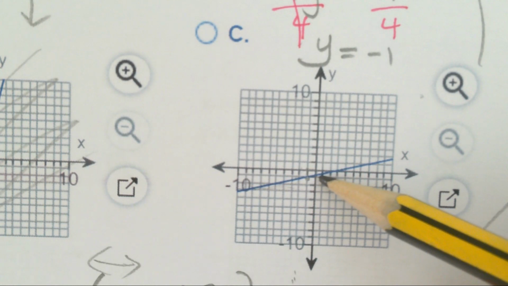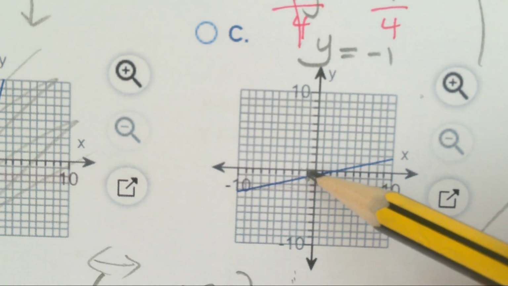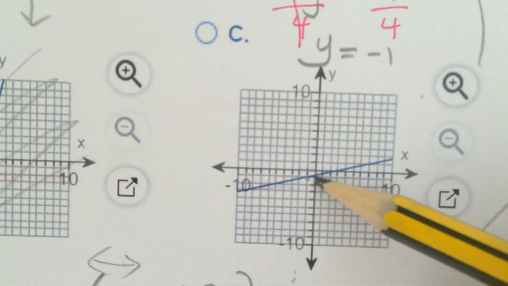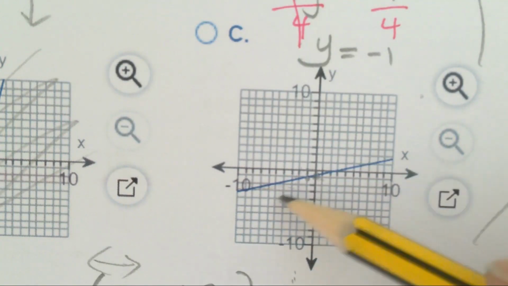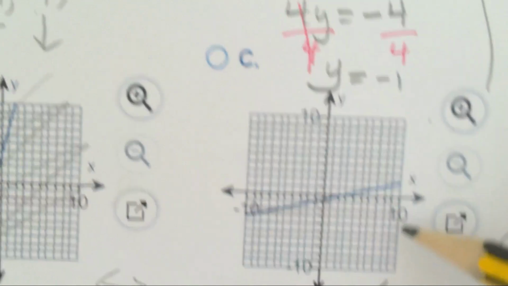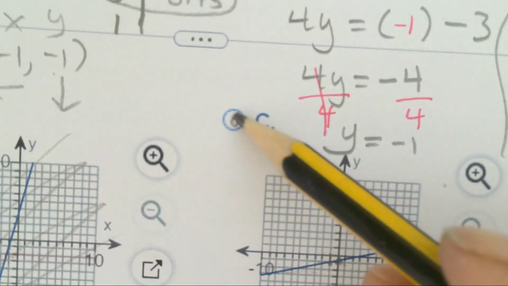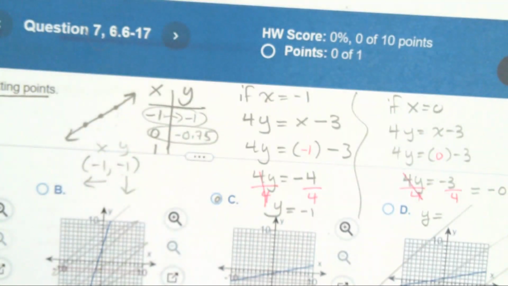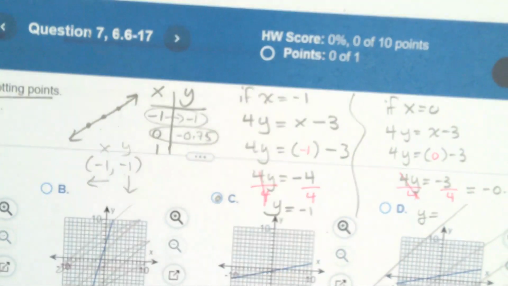And we can see that it's right there. We went down almost 1, and that point is on the line. So we know that the graph for this equation is C. Okay. So when you use plotting points, when you plot points to solve it, oh, this way.